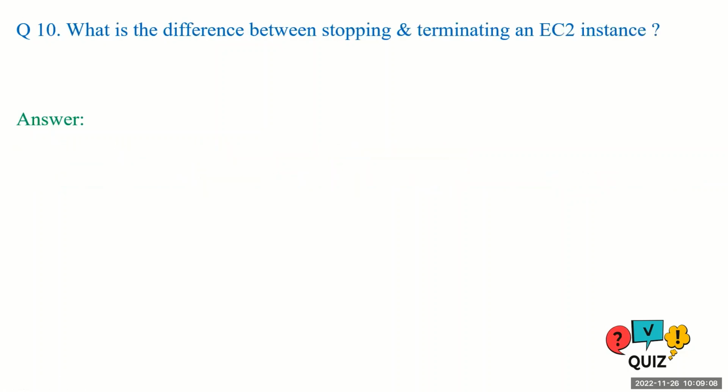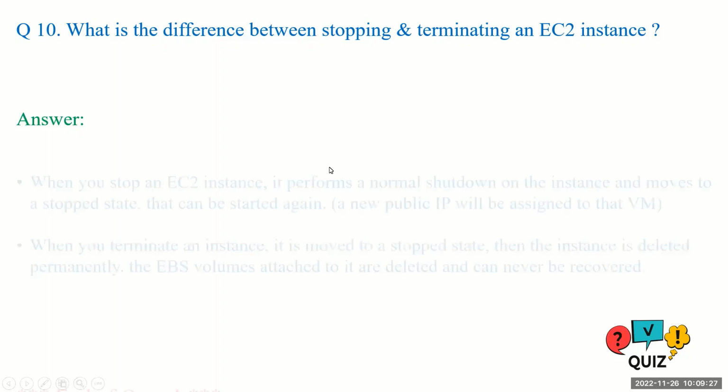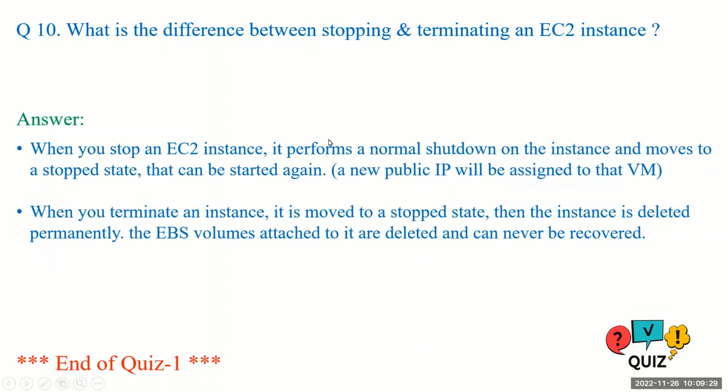What is the difference between stopping and terminating an EC2 instance? When we stop the instance, we can again restart that instance. When we terminate that instance, we can't restart that instance. That's good. Very nice. When you stop an EC2 instance, it performs a normal shutdown on the instance and moves to a stopped state that can be started again.